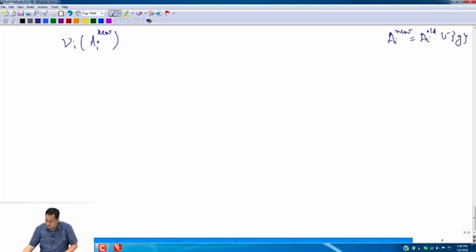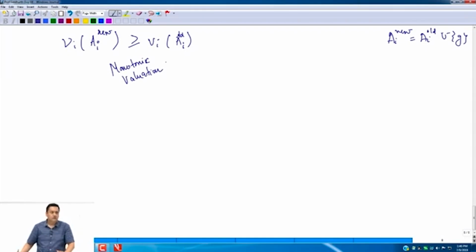So this is what happens in the update, A_I gets, you include g in A_I. So what you would want to argue is that EF1 continues to hold inductively. So if it held for the previous partial allocation, it's true. But that's sort of direct, because if you look at the new A_I, you have one more good, right? So the only property I'm assuming here is that the valuations are monotonic, right?